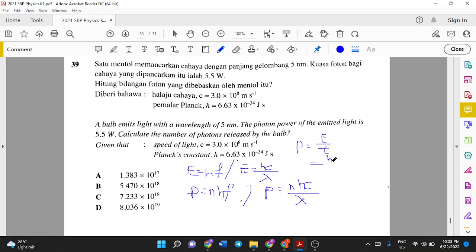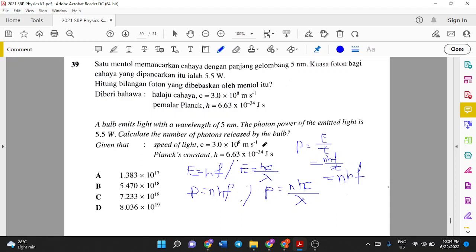So we have hf over t and n, where n is the number of photons emitted per second. The t can cancel out because n is the number of photons emitted per second, so you will get nhf.